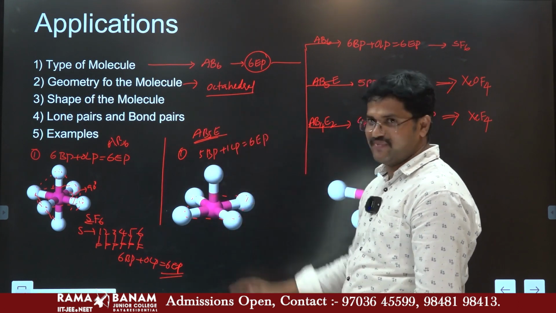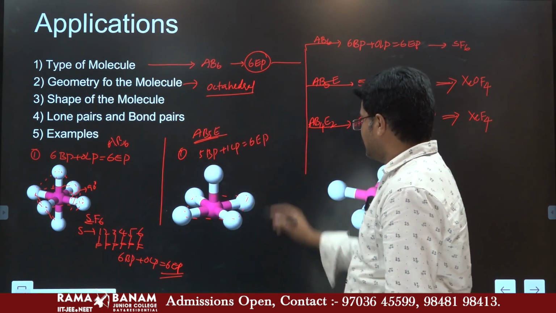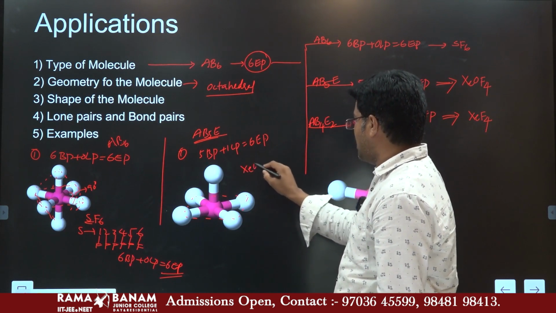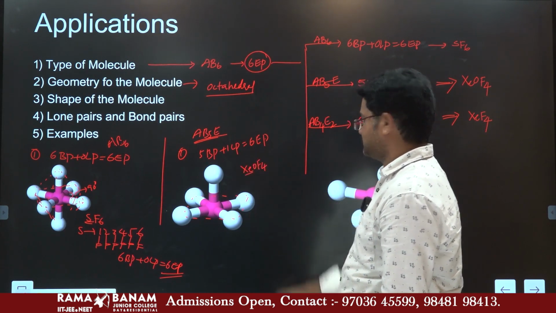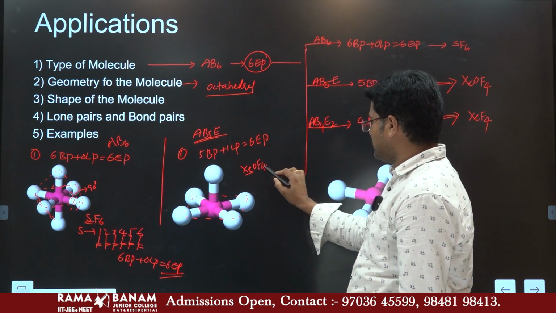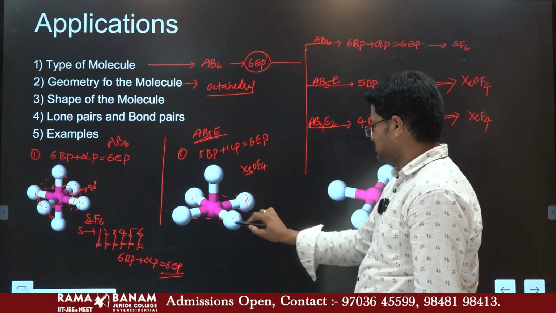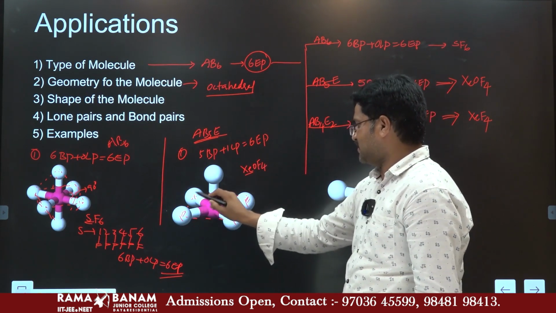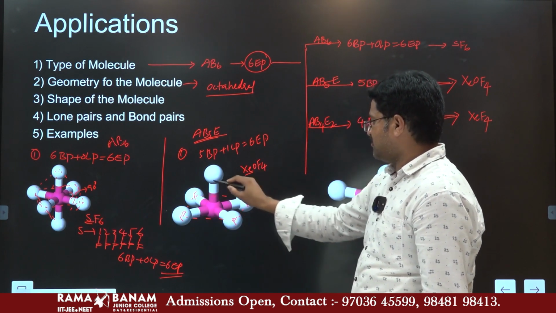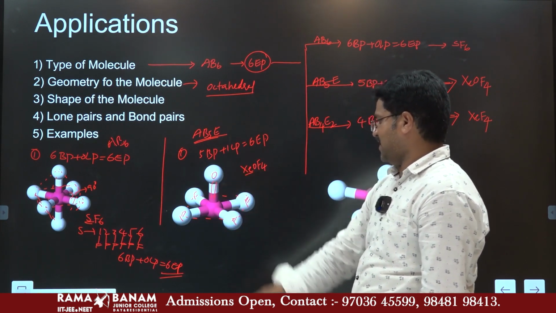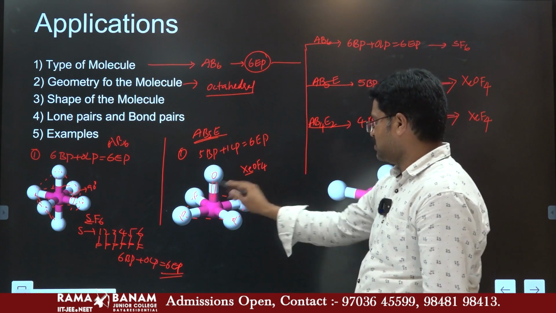This is square pyramidal geometry. The example is xenon oxytetrafluoride. In xenon oxytetrafluoride, 4 fluorines are in plane and oxygen forms a double bond above the plane.